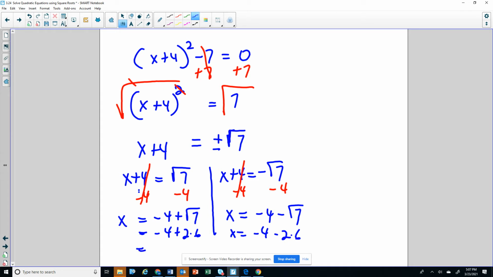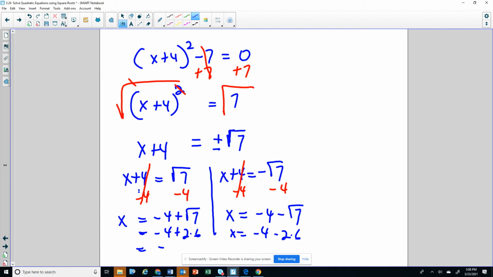And if I add this, that gives me -4... Oh, I am struggling on these new calculators. Okay, let's do mental math. That's going to give me -1.4.